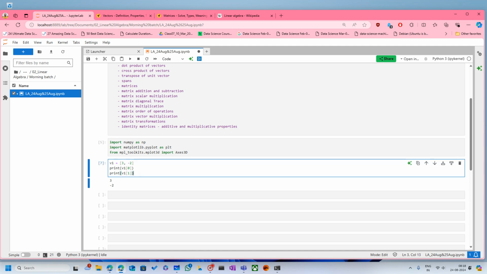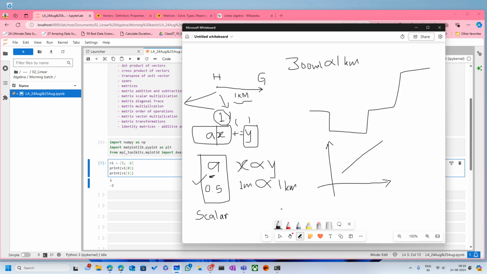A vector, in mathematics and in our data analysis, is just a square bracket with a starting point and an ending point. If you want to realize this, if this is your xy axis, it starts at 3 and ends at -2.